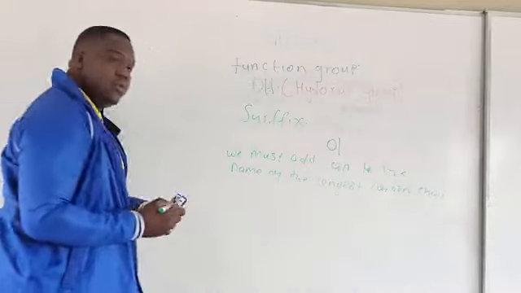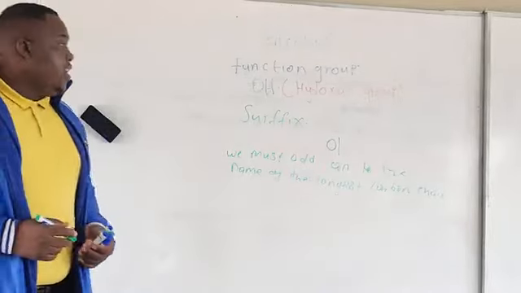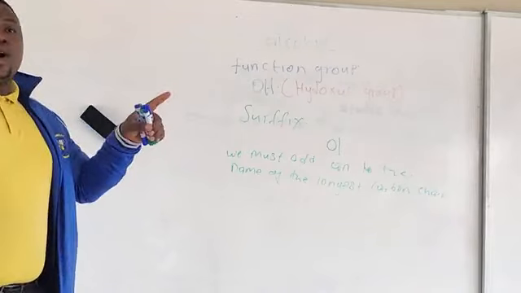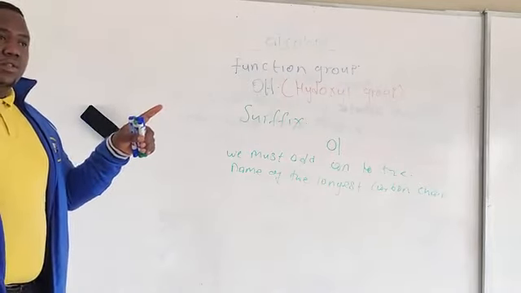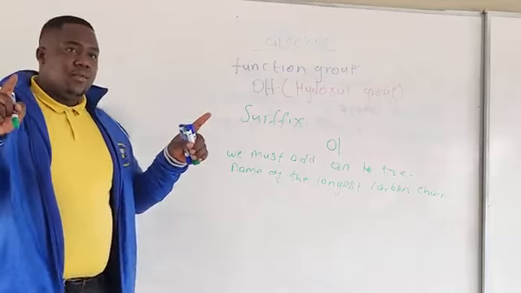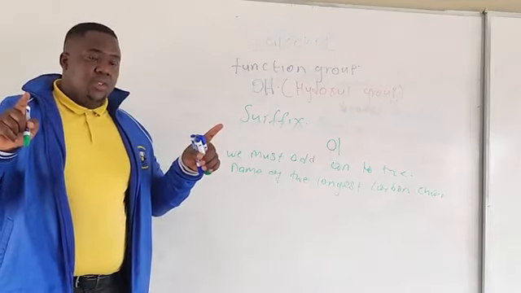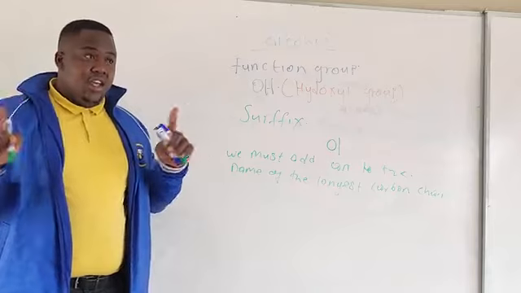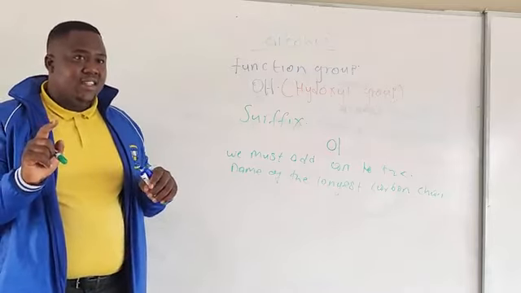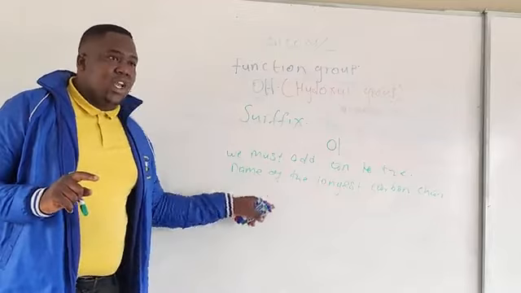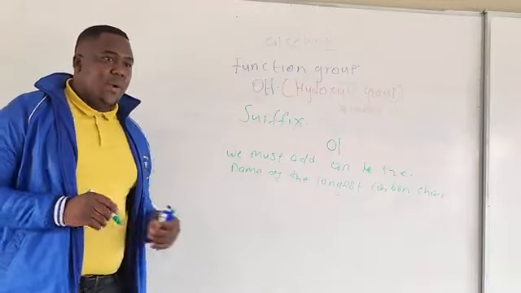What must we do? We must add. If it has two carbons, what do we call two carbons? Eth. It means we're going to call it ethane. Isn't it we're going to add the "an"? We add the "an" to the longest carbon chain.